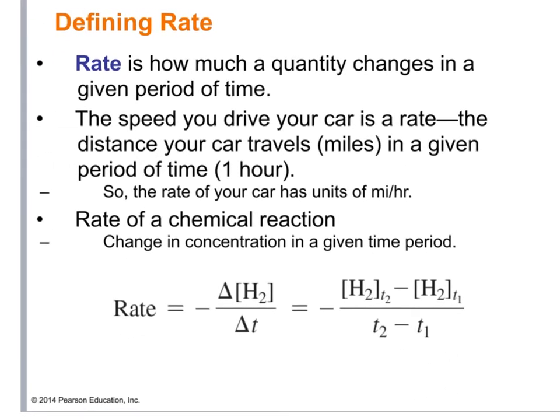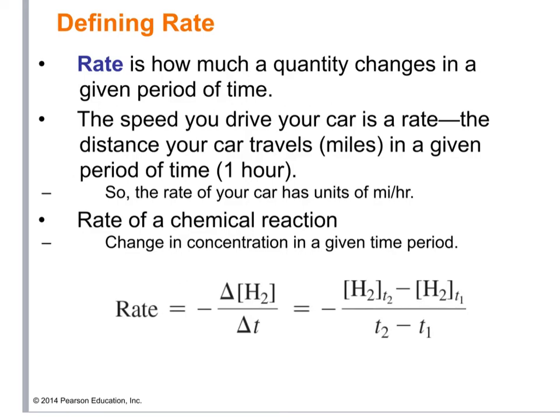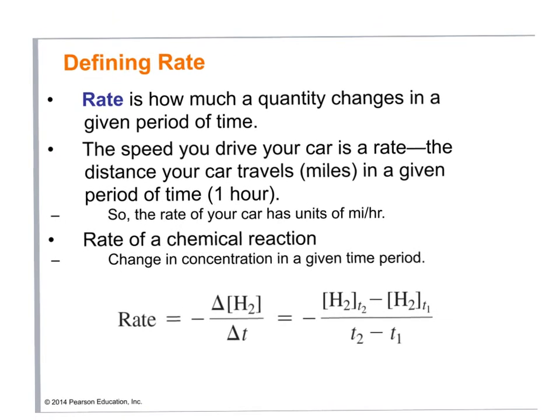So if we're looking at H2, we're looking at how H2 is disappearing, and that's why we've got that negative sign there. So how quickly is it disappearing? It's that change in concentration over the change in time.